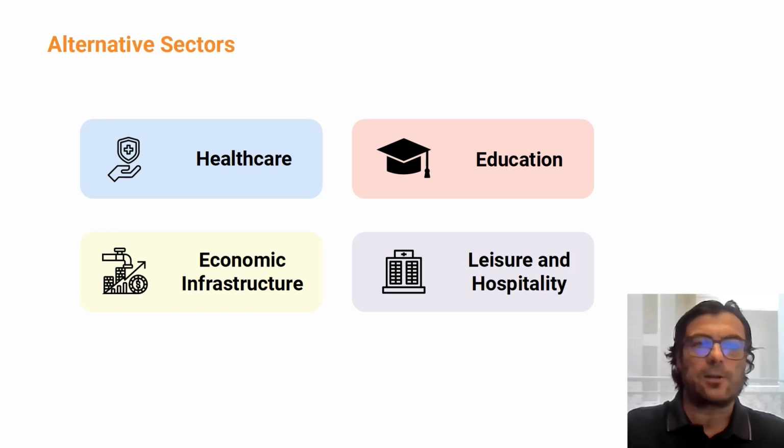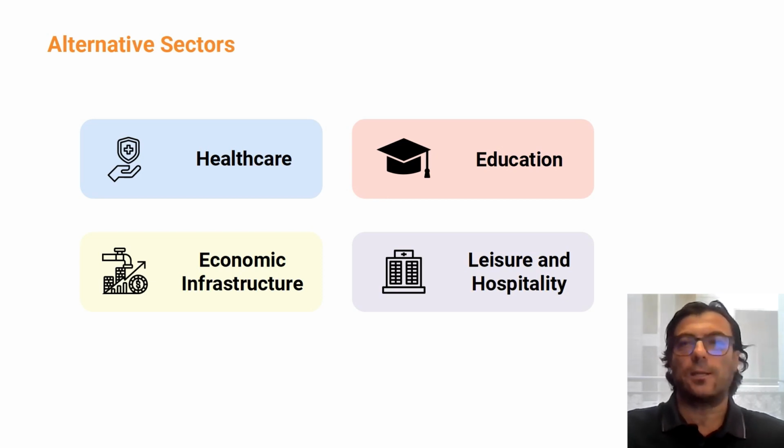So why are they considered alternatives? Traditional real estate is essentially an asset that is useful to a variety of tenants. Think about a residential asset.